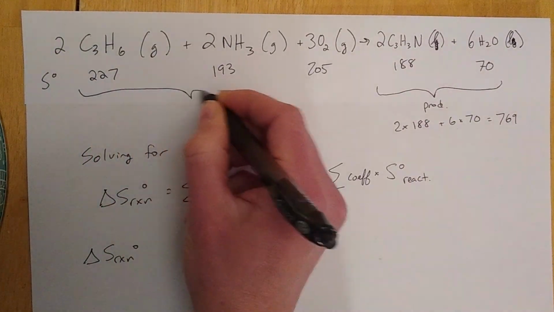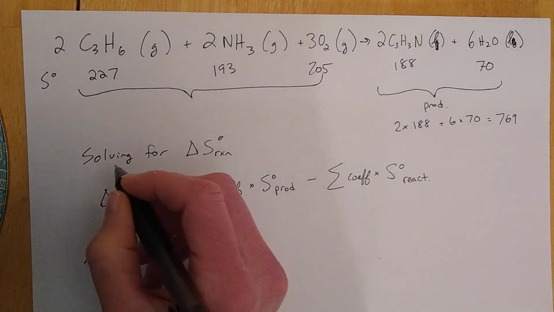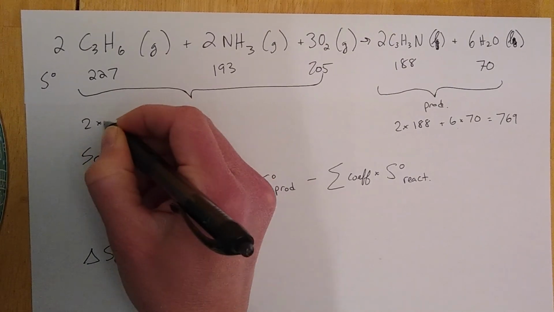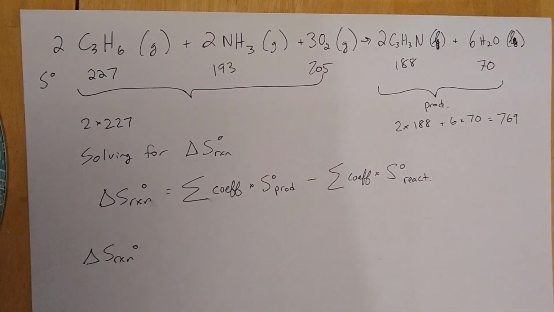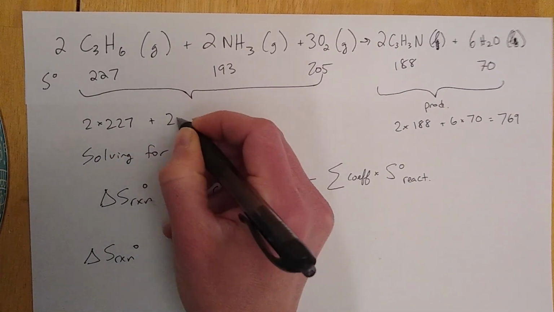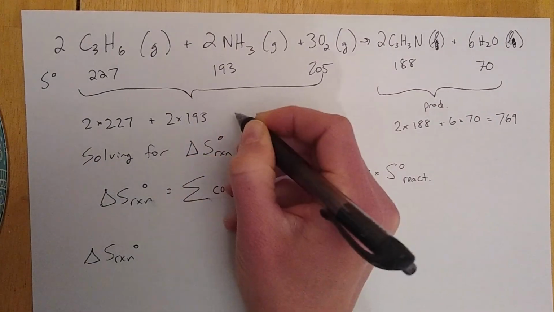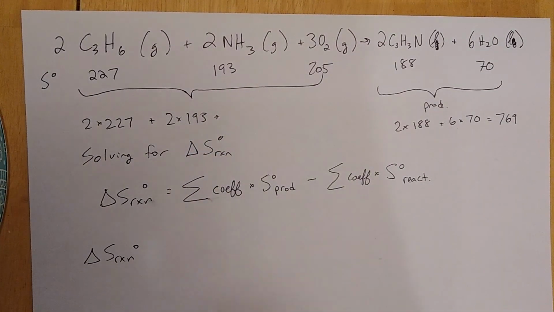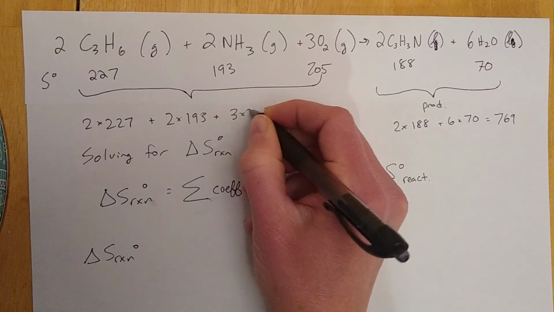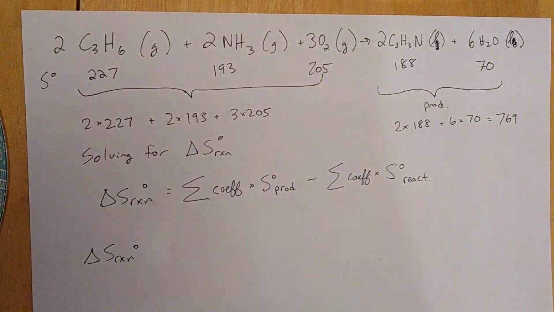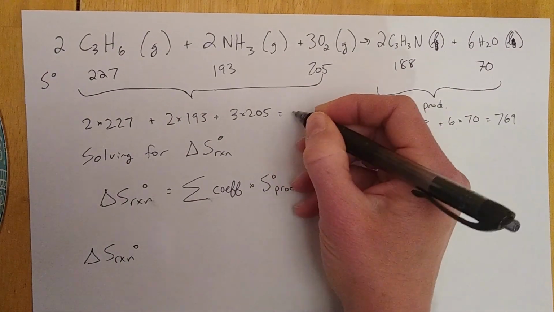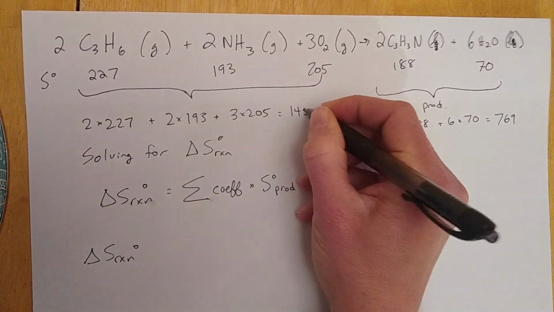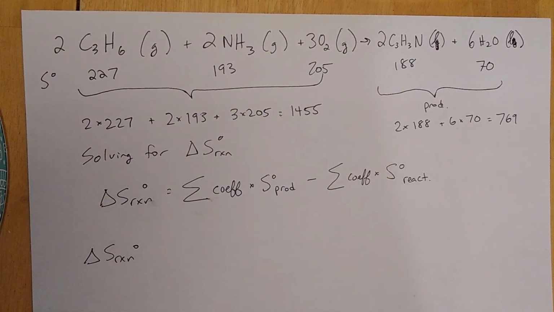On the reactant side, I'm going to have 2 times 227 plus 2 times 193 plus 3 times 205. And that's going to give me a total of 1,455.